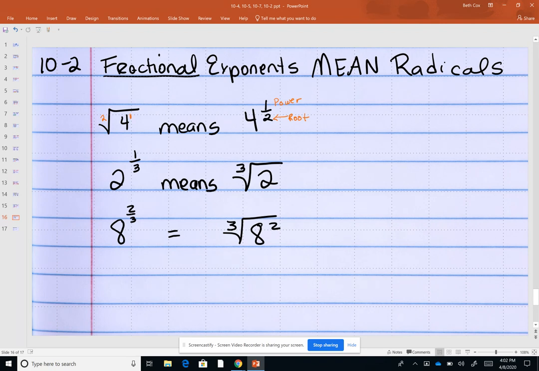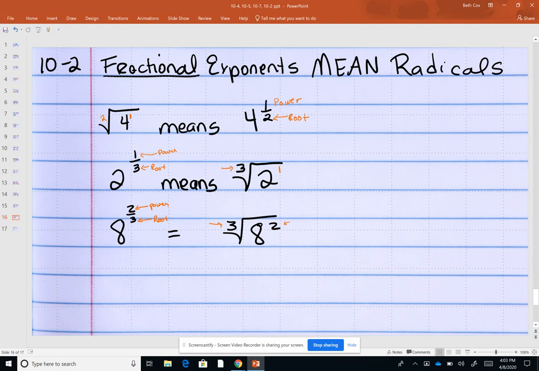On the second one, you see this is the root. The root is the cube root, or the third root, and this is the power of that number. That's 2 to the first power. All right, so now this other one is a little different. This one is a cube root, and this time it's a second power. So we have the cube root, and then we have the second power.